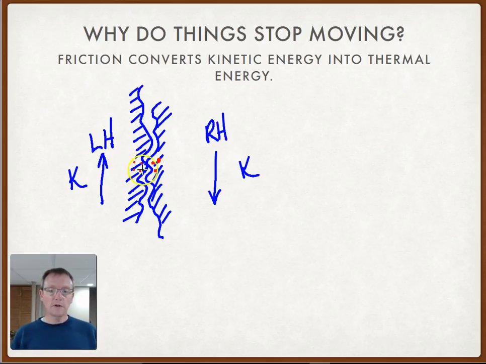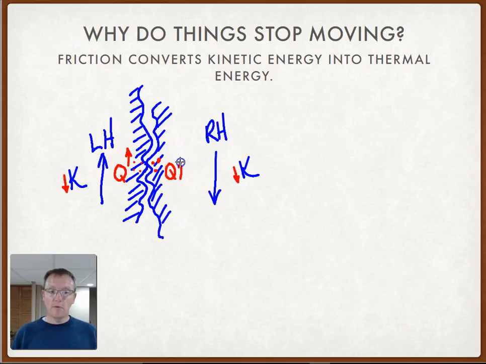And so their increased vibration is what we feel as heat. We end up increasing the thermal energy, which you may remember from chemistry is signified with a Q right there. So the thermal energy goes up every time there's a collision between these microscopic hills and valleys, and as a result, the kinetic energy for the system goes down.